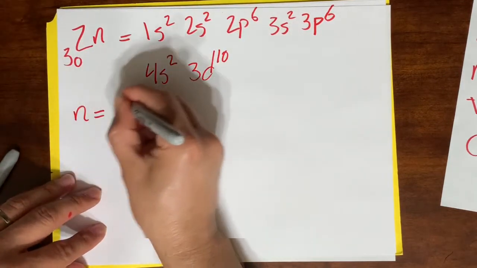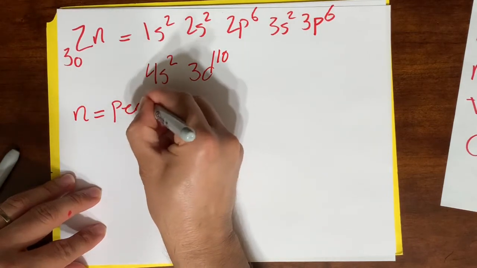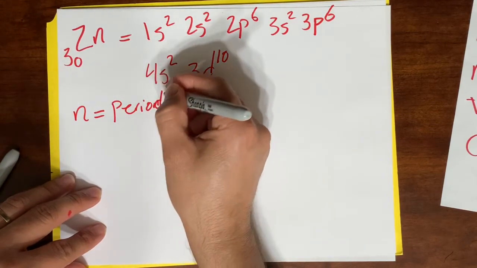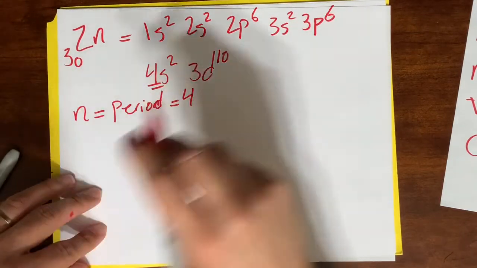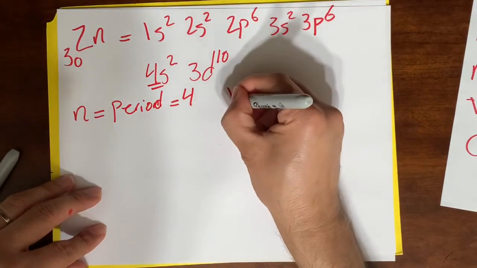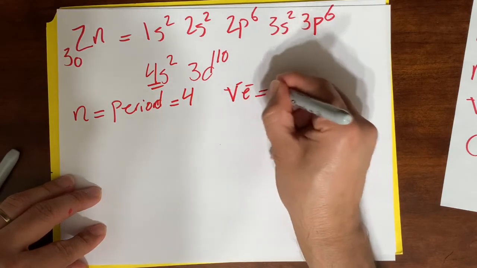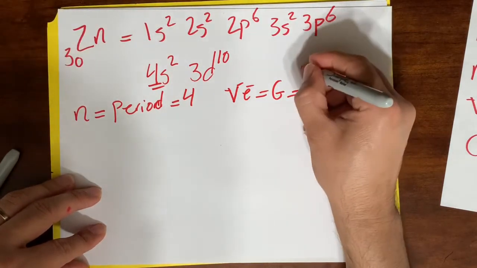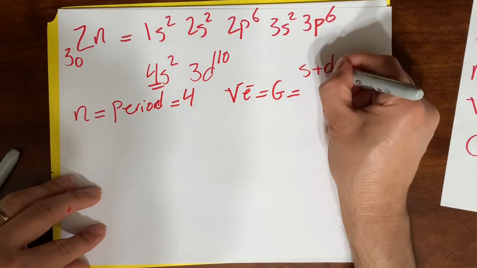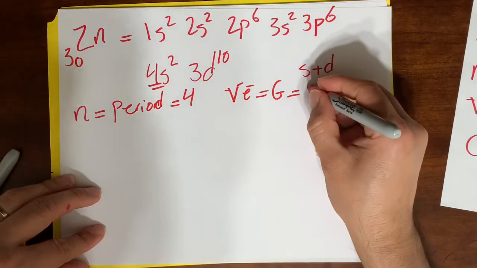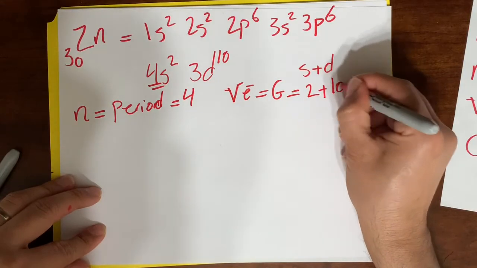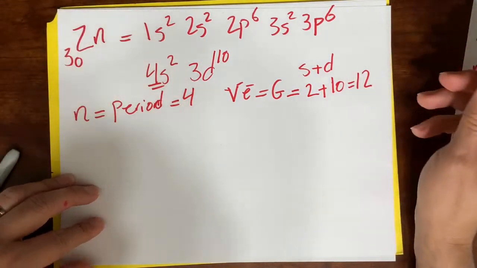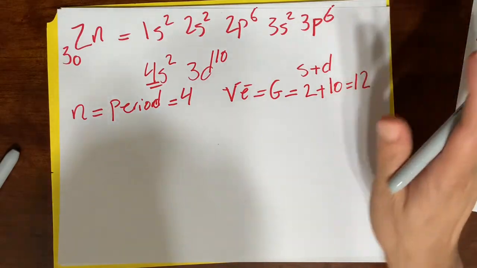Highest n equals the period, equal to 4, so zinc belongs to the fourth period. Valence electrons equal group. We were supposed to say S plus D, so we go with 2 plus 10. It will be 12. Is it wrong to say it?